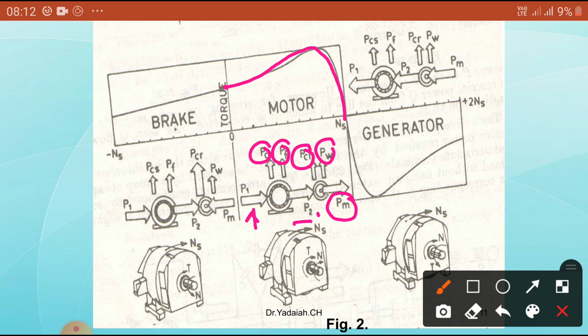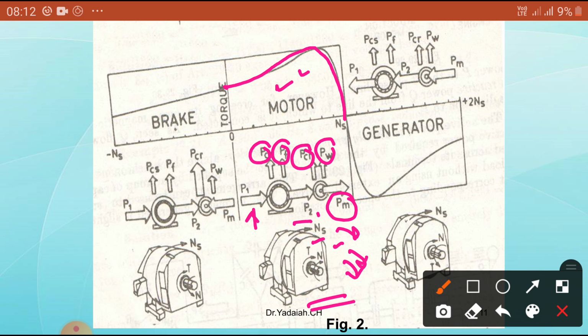We have already seen this in motor conditions. You can see that the torque and speed are in the same direction in the motor: the synchronous speed, the rotor speed and the developed torque all point the same way. Then it is an induction motor.